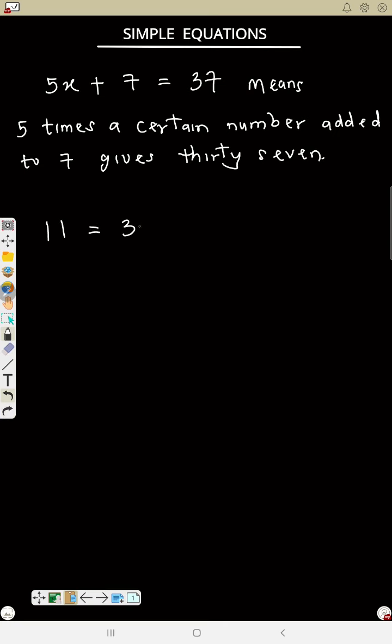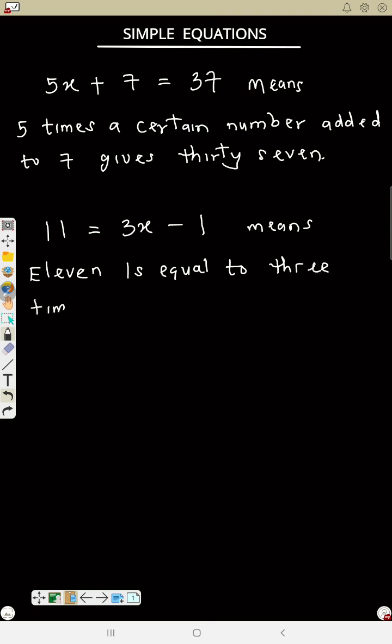11 is equals to 3x minus 1. Now this one means 11, the same thing you see, pronouns. 11 is equal, let me spell it in words. 11 is equal to 3 times a certain number minus 1.